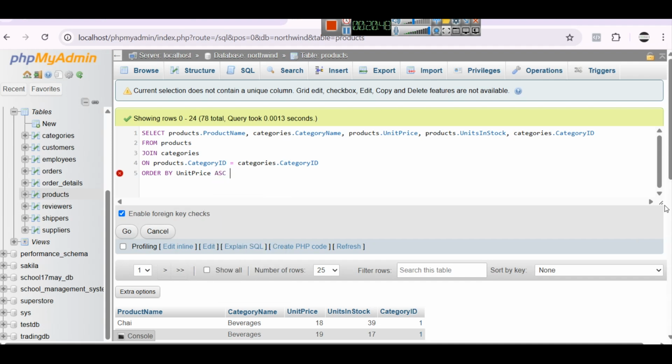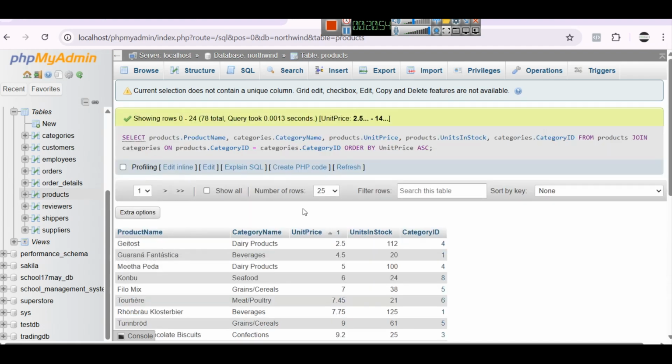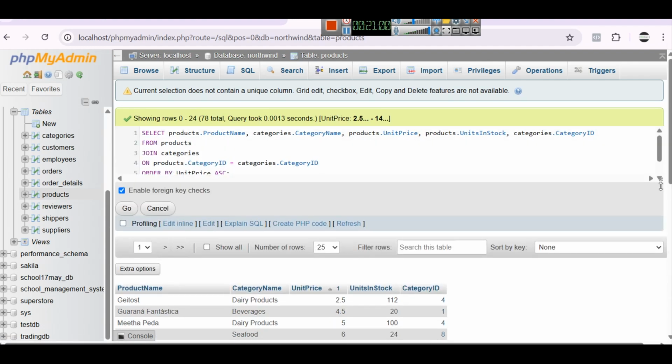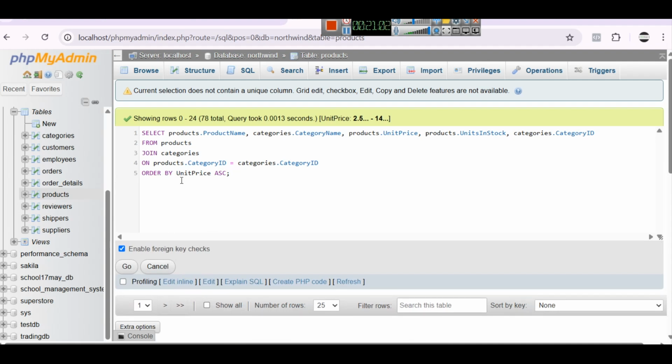Do you remember this? But now if I do this, wow, it has worked, but usually we have to write products.unit_price. Like you have to write it in a complete way.